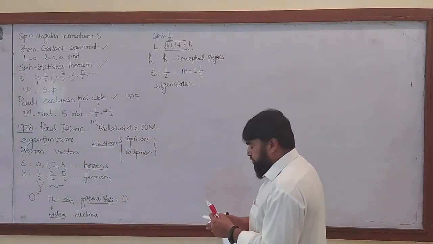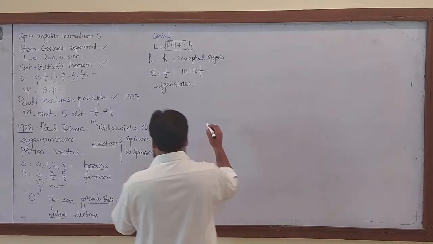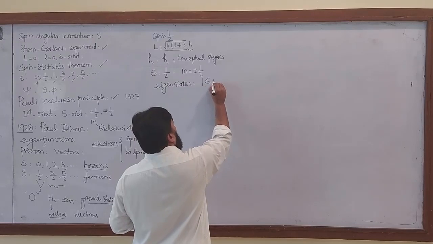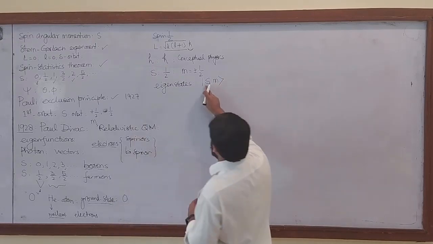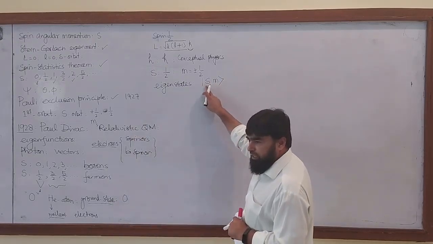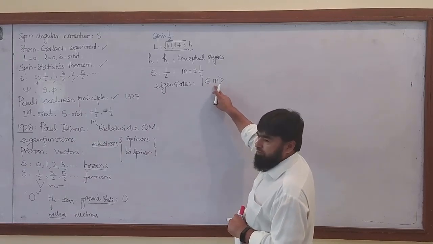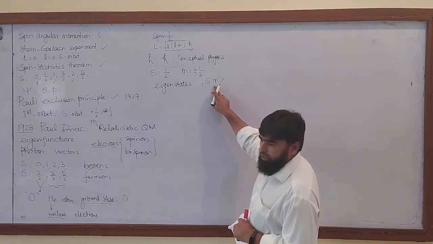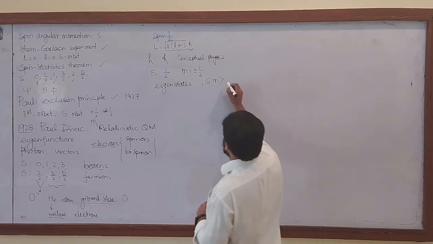We will write them as s and m. s is the spin and m is the orientation of this spin, whether it is plus half or minus half.